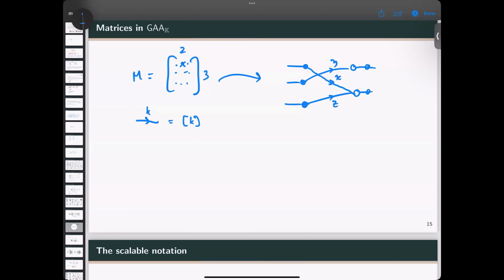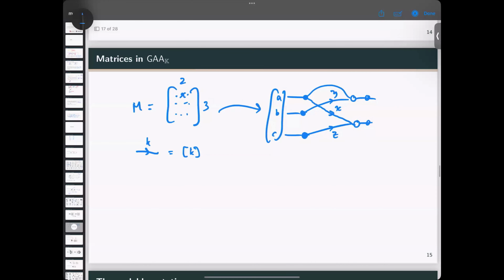And really what this is saying is it's doing exactly what you would do if you were to apply matrix multiplication, if I were to feed a vector into this thing. I copy my inputs, multiply them by the right elements of my matrix, and then add them back together on the output.